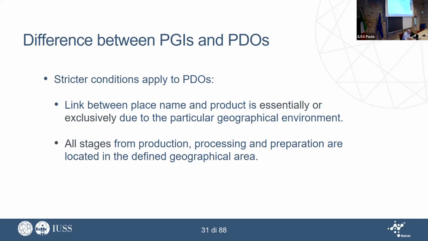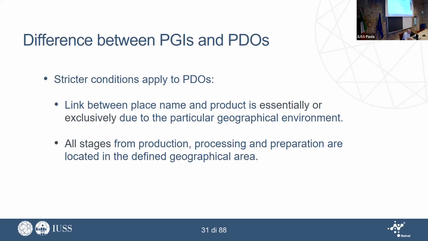Secondly, the protection as a designation of origin, so as a PDO, is only possible when all the stages from production of the raw materials to preparation of the final product take place inside the defined geographical area. For the PGI, it's sufficient if just one of the stages is situated in the geographical area.